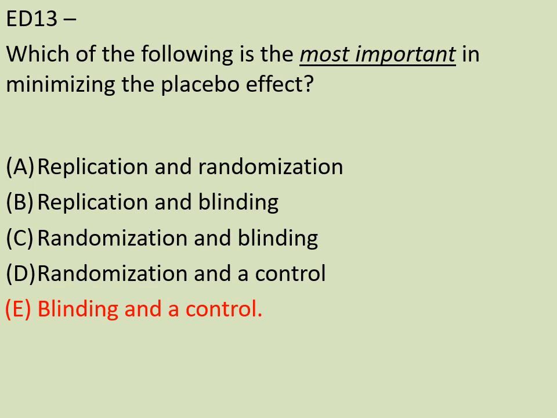However, in order to minimize the effect of placebo, you want a control group, hopefully using a placebo, and then you also want blinding so that people don't know. So those are the two most important things: blinding and a control.